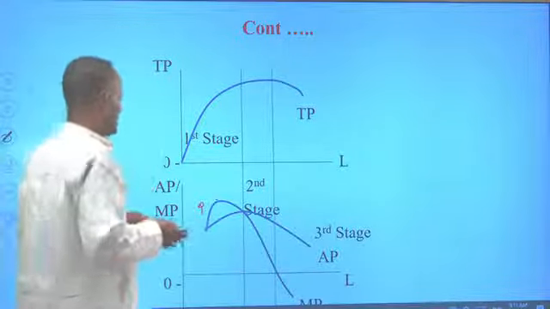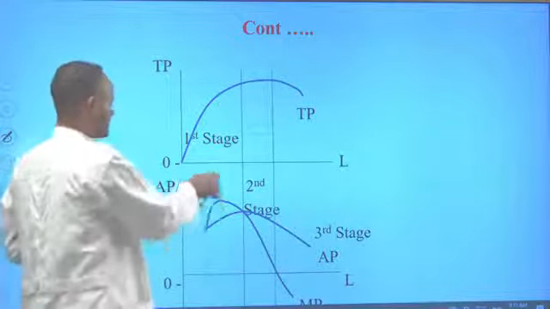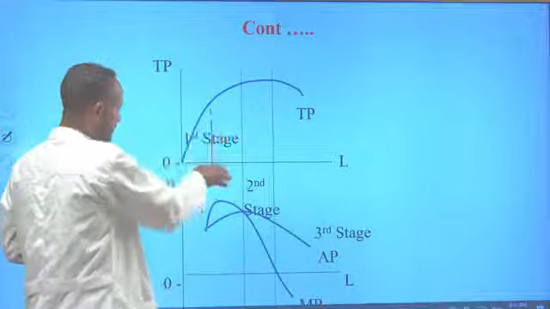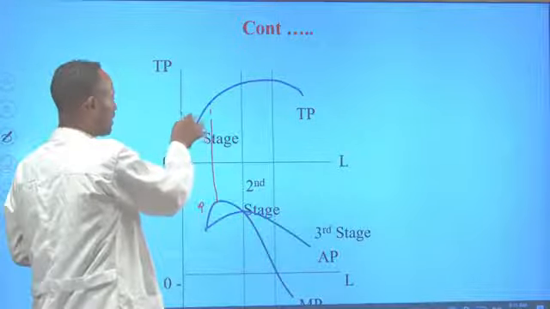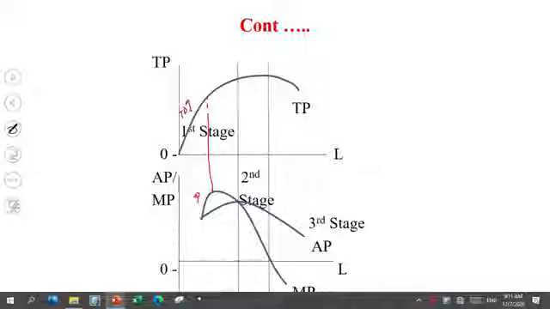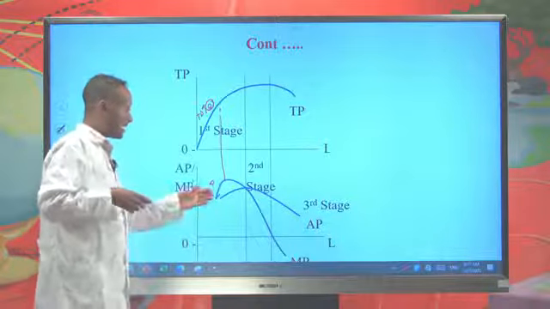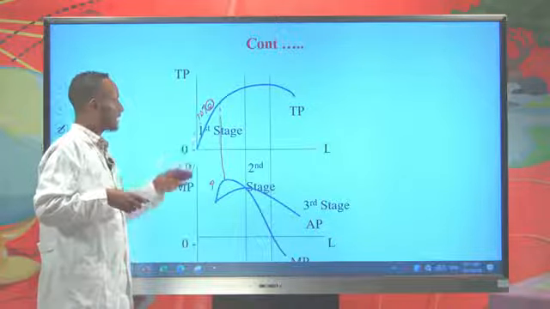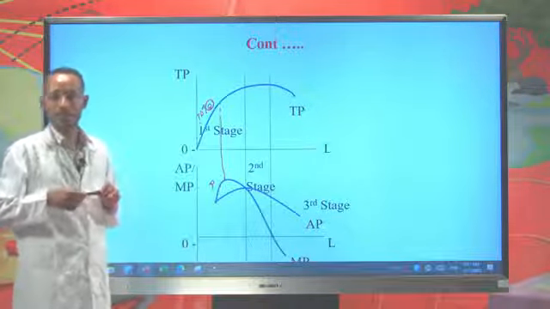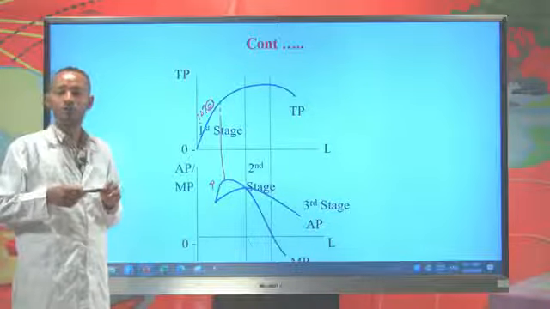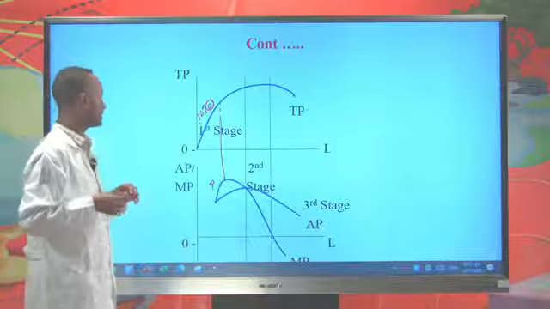Hence, whenever the marginal product increases, the total product curve is increasing. But the total product curve increases at an increasing rate because the additional output will provide more outputs. So whenever MP increases, TP increases at an increasing rate. This is the first relationship between total products and marginal products.